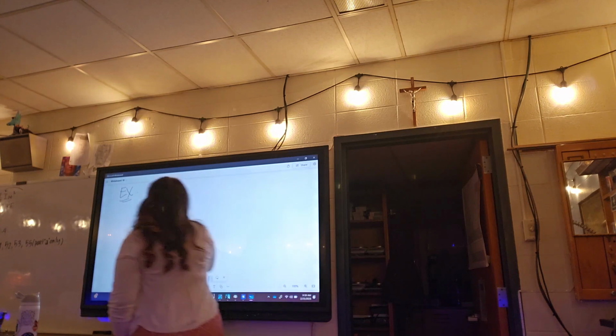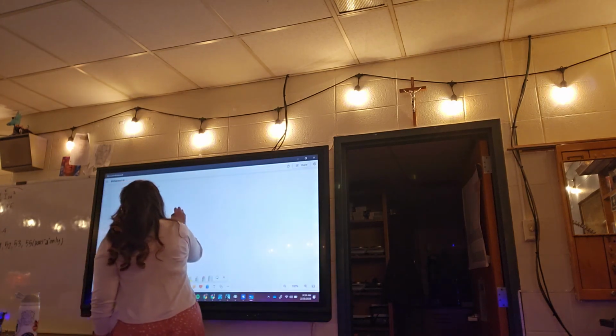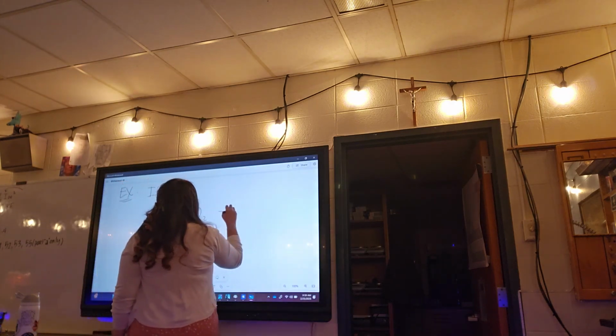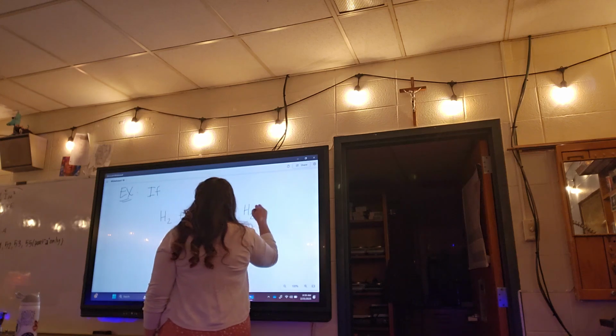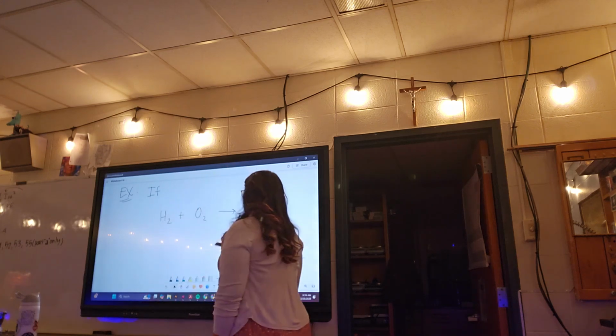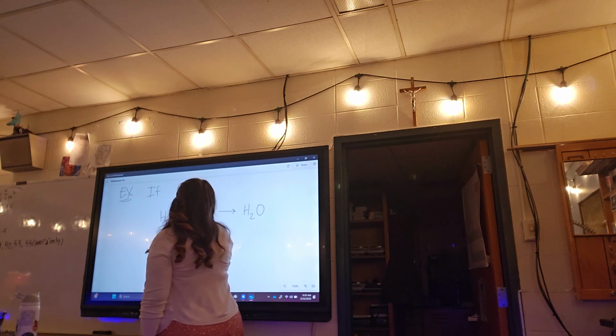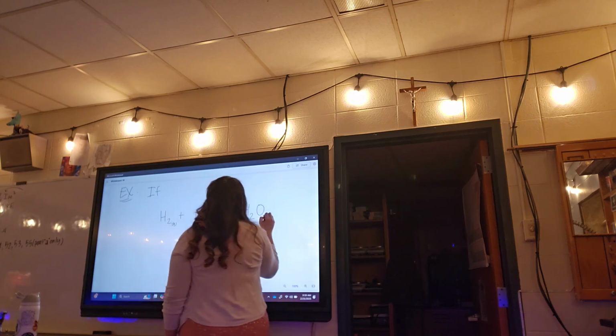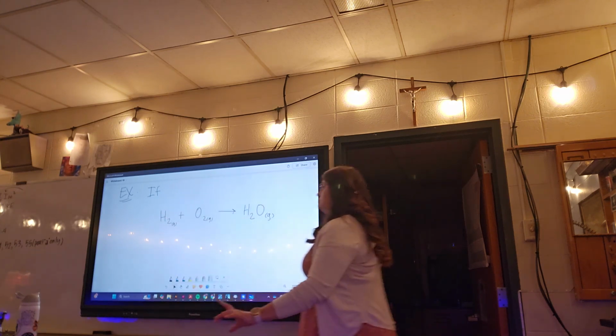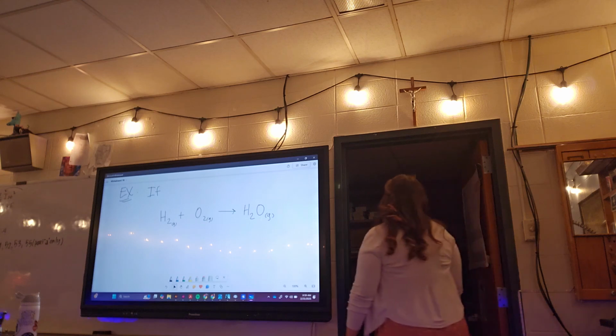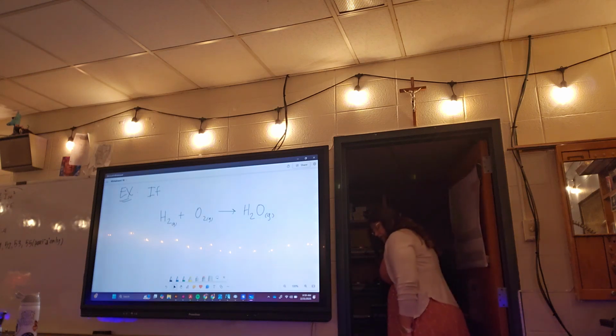So let me give you a chemical reaction. Let's say that we are trying to make water vapor from these two gases. Is this reaction balanced? No. Sadly, no. Okay, so balance it.